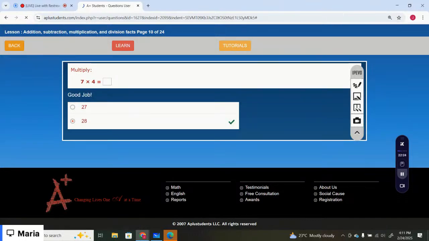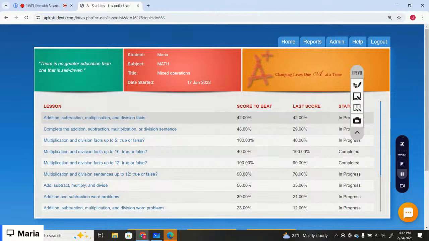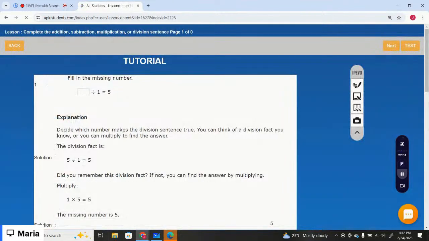Okay, you can complete the lesson by yourself later today. Let me move on to the next lesson. The next lesson is complete the addition, subtraction, multiplication, or division sentences.